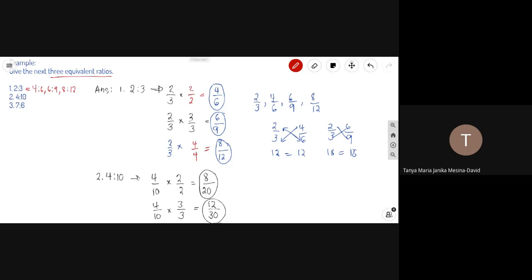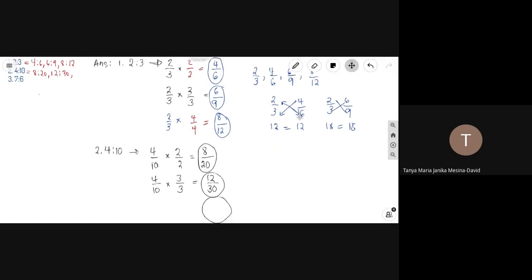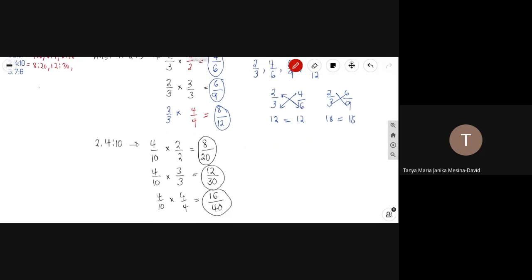So these are its equivalent ratios. And then for 4 is to 10, the next equivalent ratios are 8 is to 20, 12 is to 30, and 16 is to 40.